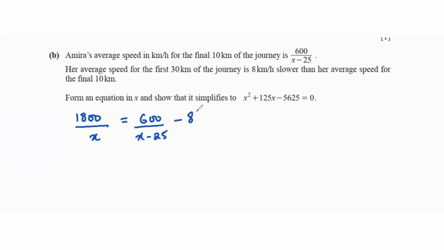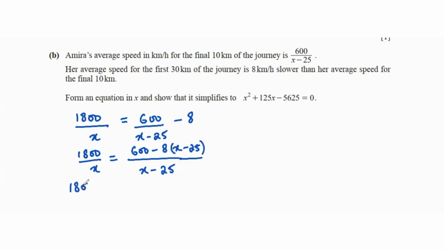This is our equation, and we're going to further solve it and simplify it to create this quadratic equation. So it's going to be 1800 over X equal to 600 minus 8 times X minus 25 as the numerator, over X minus 25.